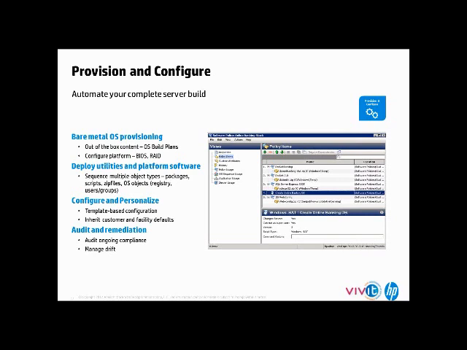So with server automation, the standard edition, you can build the OS plans for you. You can have multiple OS build plans, a few for Windows and a few for Linux, and you can just use those build plans to provision your server environment.